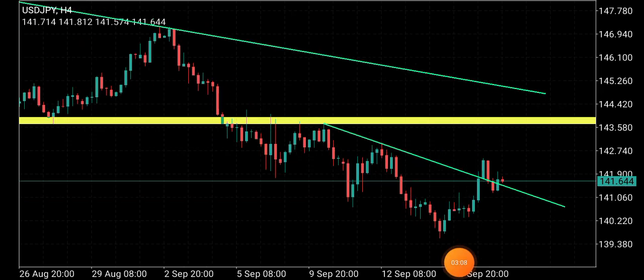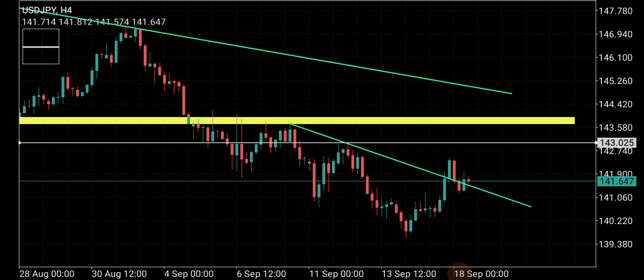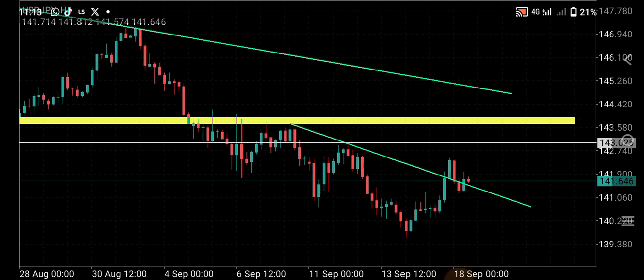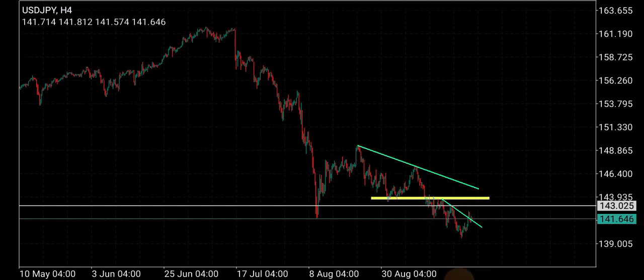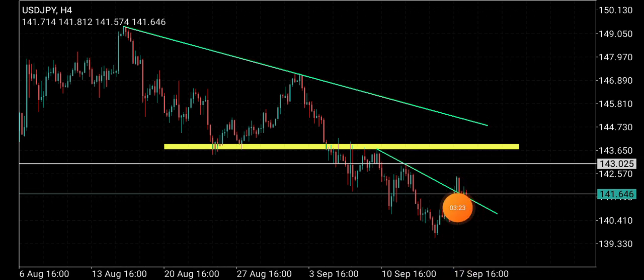So if price decides to break this zone at 143.025 and breaks it and closes above it, then what we'll be expecting is either price comes to the top touch or comes back to the flip zone.